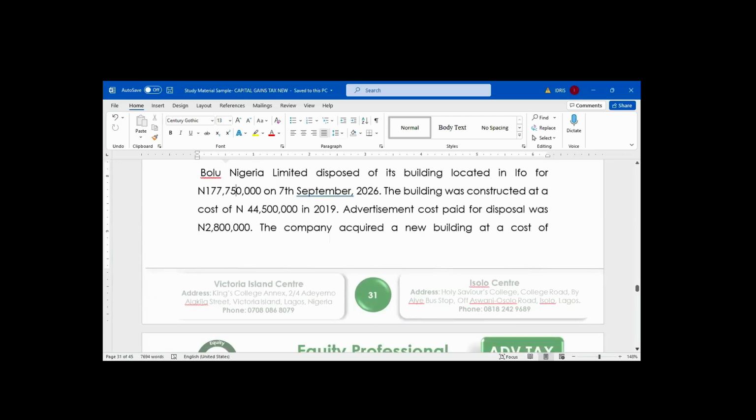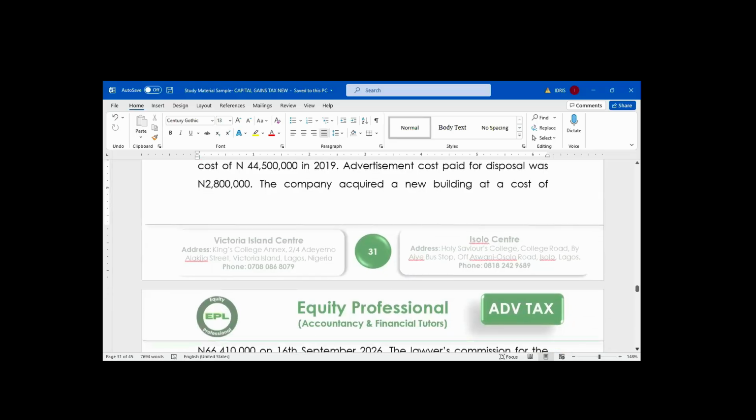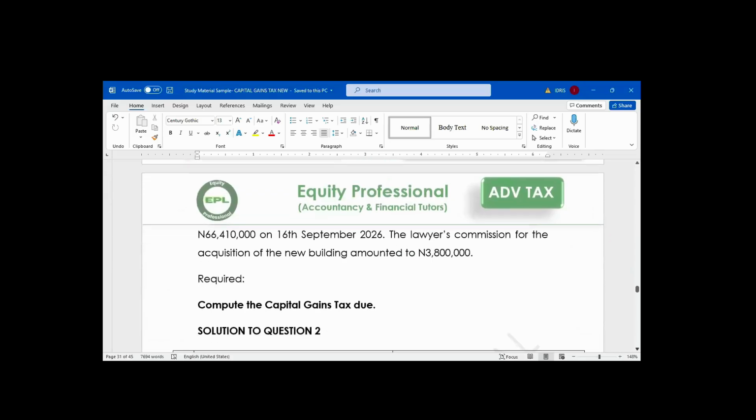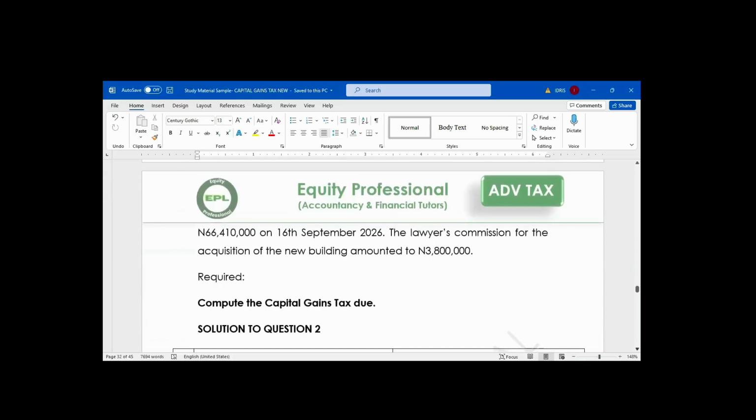Advertisement cost paid for disposal was 2,800,000. The company acquired a building at a cost of 66,410,000 on 16 September 2006. The lawyer commission for the acquisition of the new building amounted to 3,800,000. Required: compute the capital gain tax due.